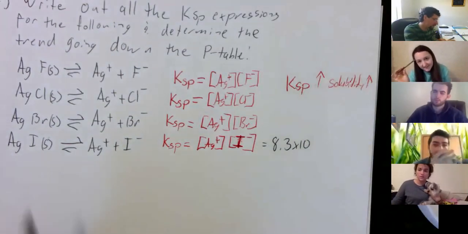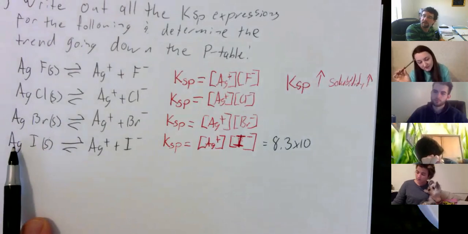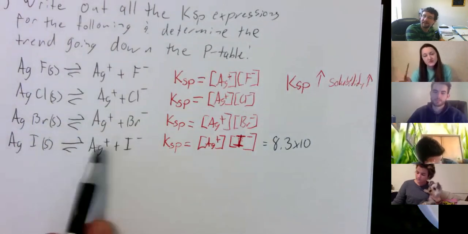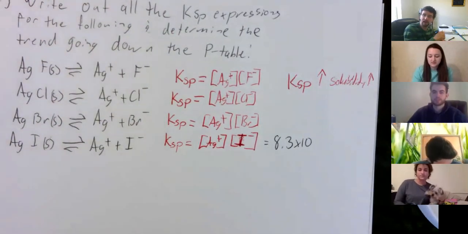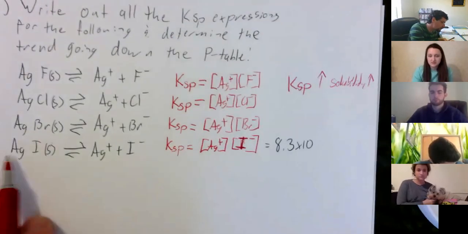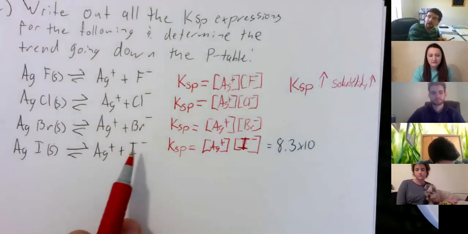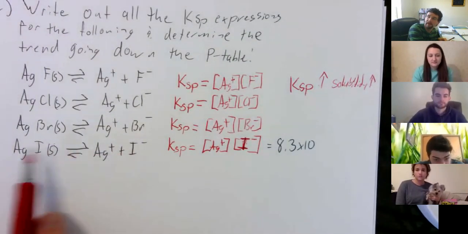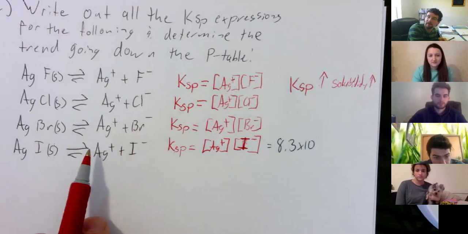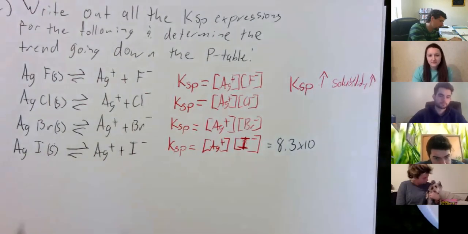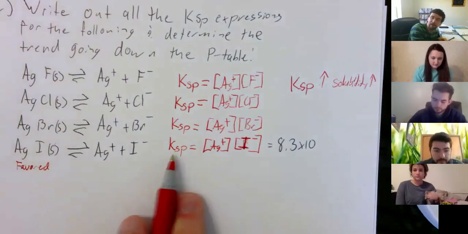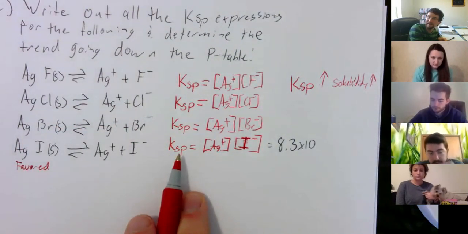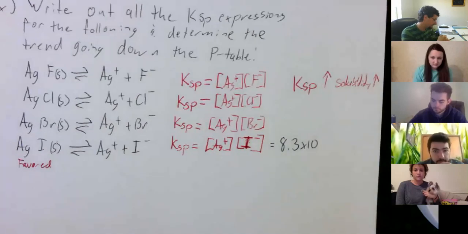So which side of the equilibrium is favored if it's making a strong bond? The left. Yep. So what does that mean happens to KSP? KSP is really small in that case. Yeah, it's going to be small.